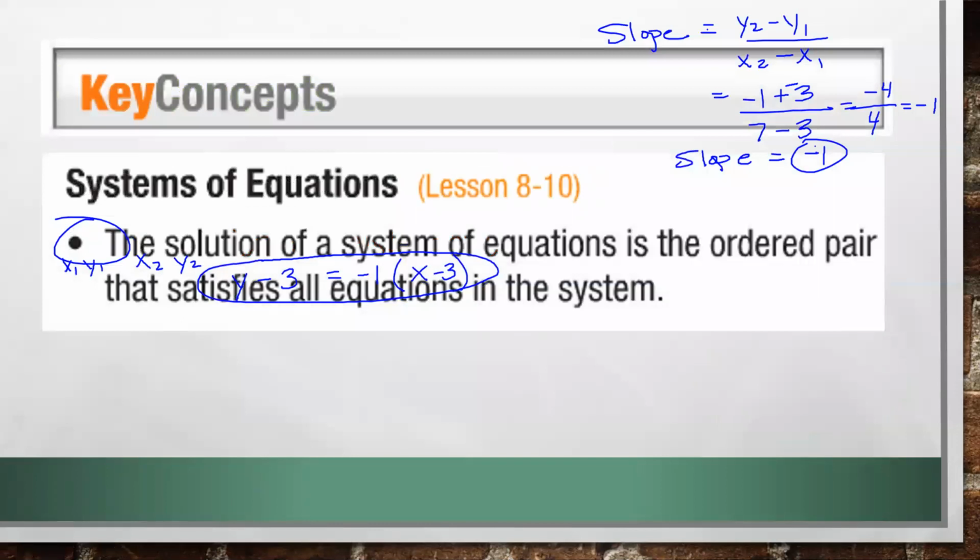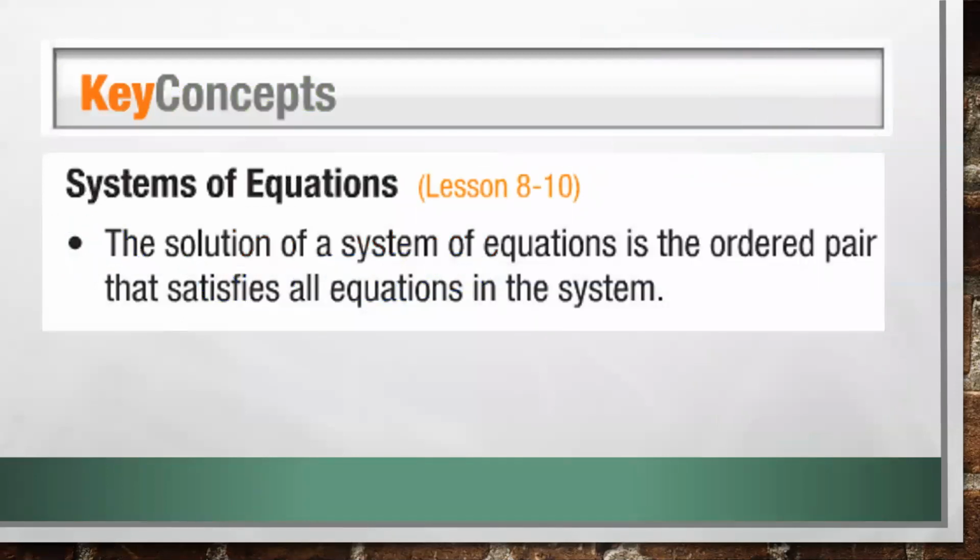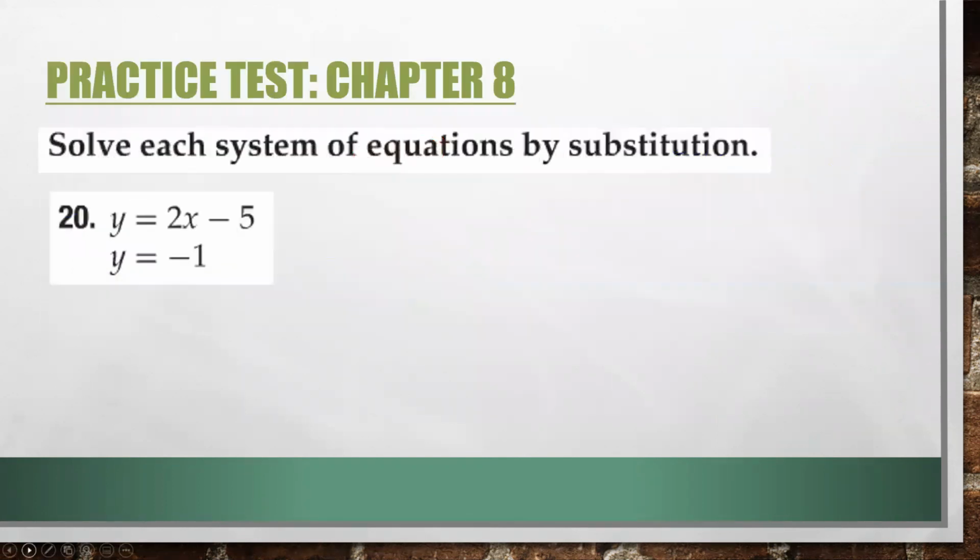All right, next problem, the next set, talks about systems of equations. And the solution of a system of equations is the ordered pair that satisfies all equations in the system. Okay, and this will come up a lot in algebra for sure. So solve each system of equations by substitution.